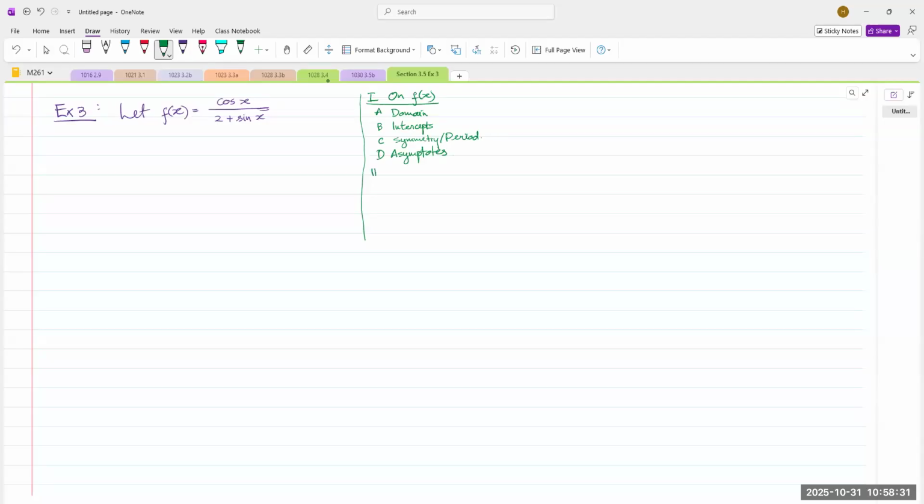And then the second part, we do analysis on f prime of x, so we need to know how to do the derivative. Then using that derivative, we will work on the intervals of increase, intervals of decrease, and the local max, local min.